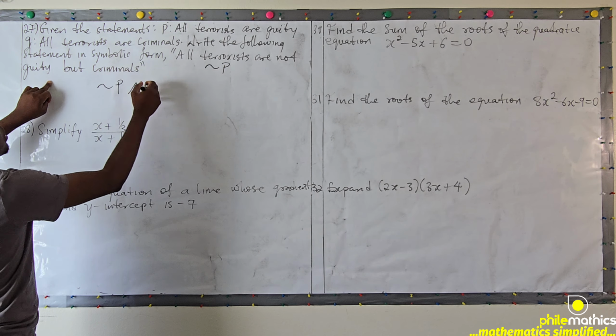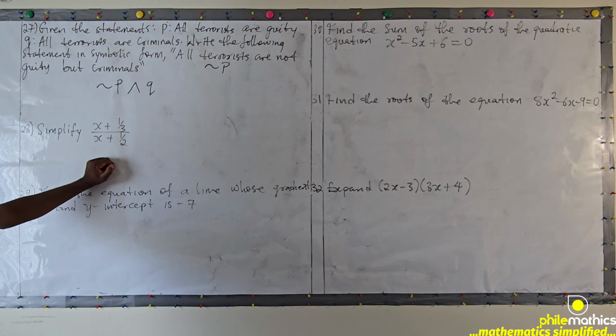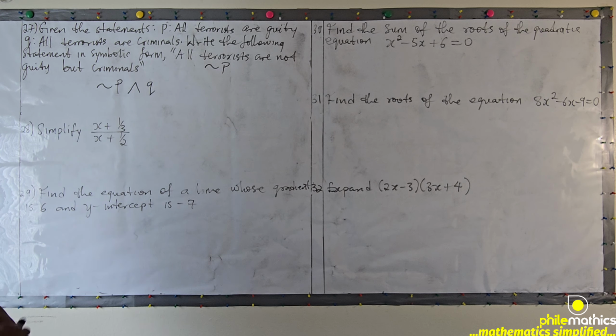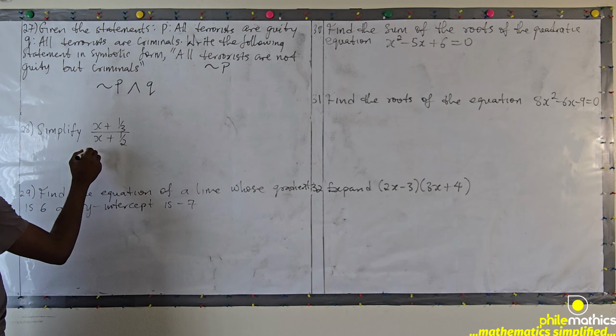Simplify (x + 1/3) over (x + 1/2). An easier way to do this is to multiply the numerator and the denominator by the LCM of 1/3 and 1/2. What's the LCM between 3 and 2? It is 6. So if I multiply both, 6 times (x + 1/3) over 6 times (x + 1/2).